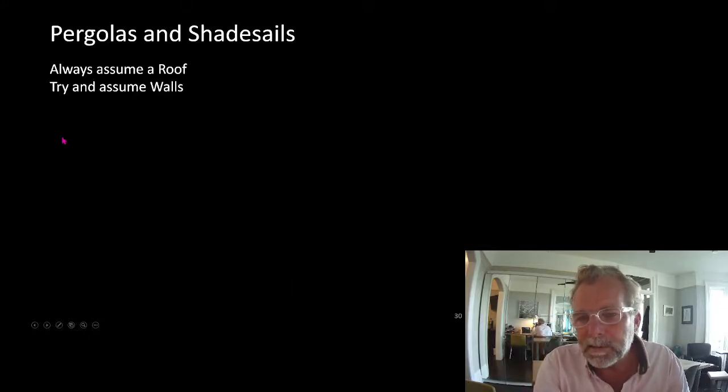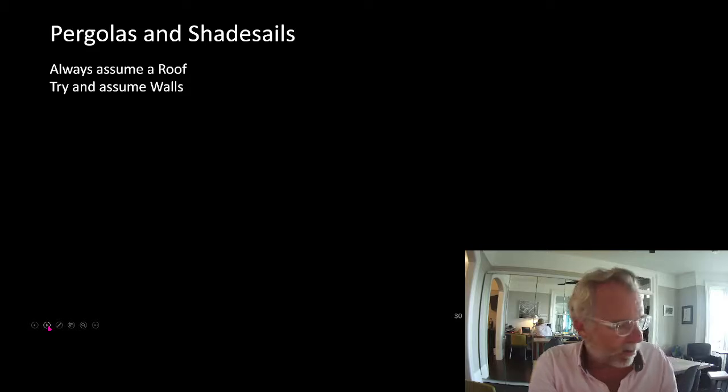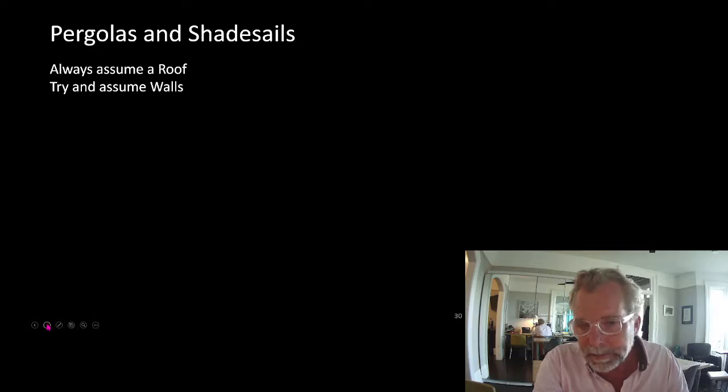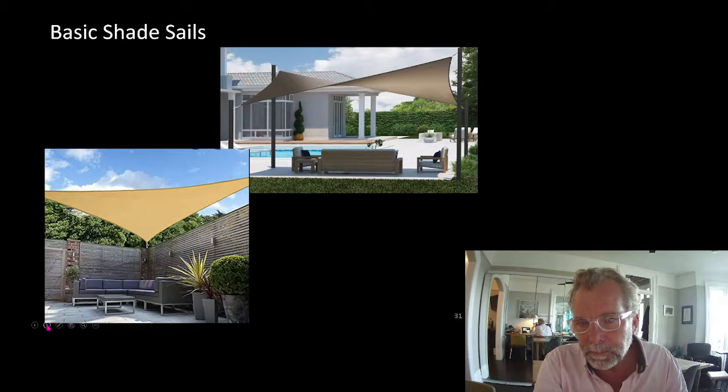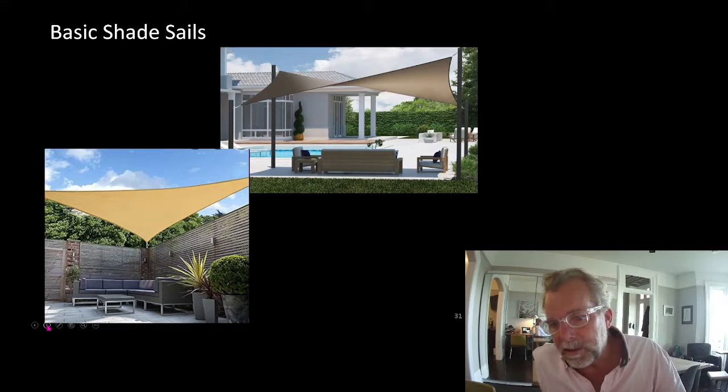Let's look at pergolas and shade sails. One of the things you're going to do as landscape architects is design shade. Shade is increasingly a concern with global warming and sensitivities to melanoma, so we all want shade. These are some examples of basic shade sails. A shade sail is HDPE knit fabric.